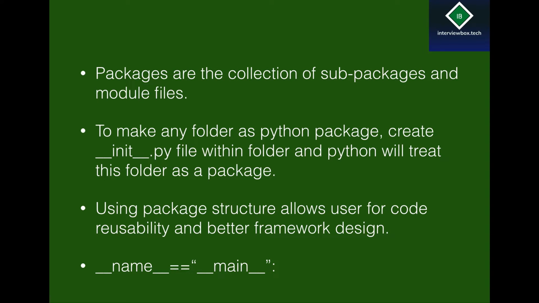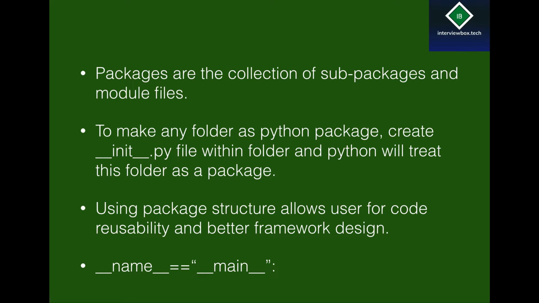Okay, so as I mentioned before, packages are a collection of sub packages and module files, and how you can create your own package. Right now we have just seen that packages are available for the different tasks that you want to achieve on pypi.org, right? But you can also create your own package within your project or within your framework.